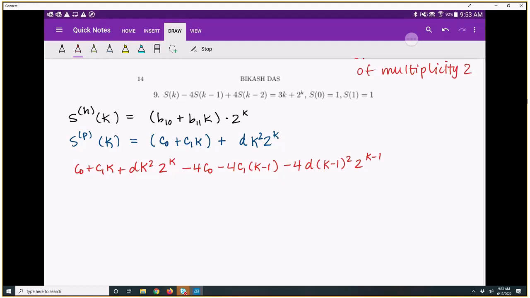And then plus 4 times s of k minus 2, I'll replace by plus 4 c0 plus 4 c1 times k minus 2 plus 4 d times k minus 2 squared times 2 to the k minus 2.